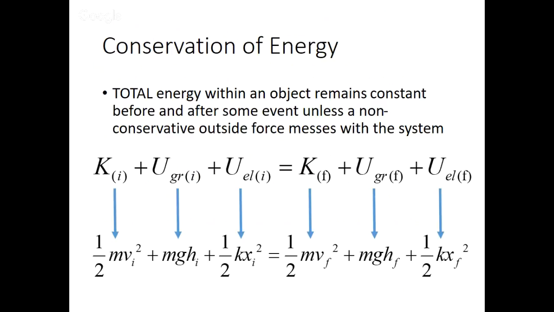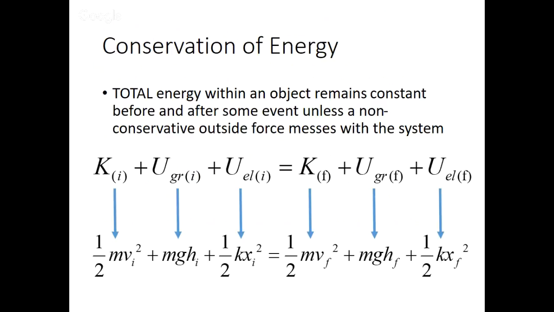Does it have any before the event? If so, include that. The object's gravitational energy before the event, the object's elastic potential energy before the event. Set that equal to its total energy afterwards. So after it falls, or after it rises up, or after it pushes the spring in, or whatever it might be, the total energy will come to 1/2 mv squared plus mgh plus 1/2 kx squared.